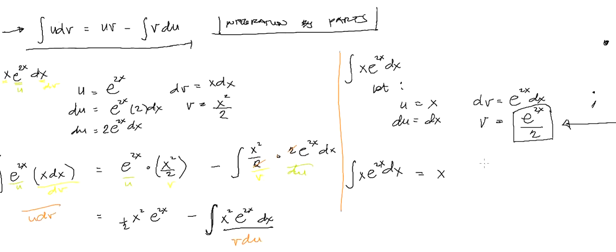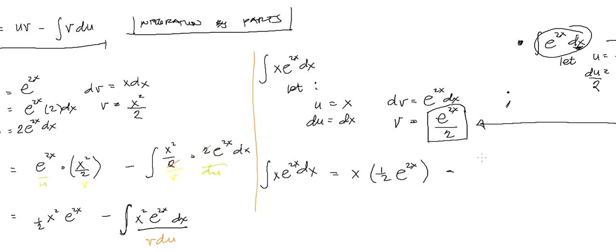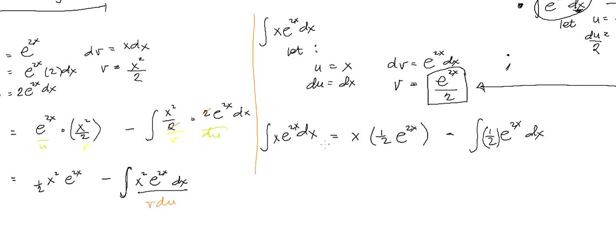So all in all, we have 1/2 x e^(2x) minus 1/2 e^(2x) all over 2, then plus c. Or you can easily simplify this by factoring out the common 1/2 and the e^(2x).